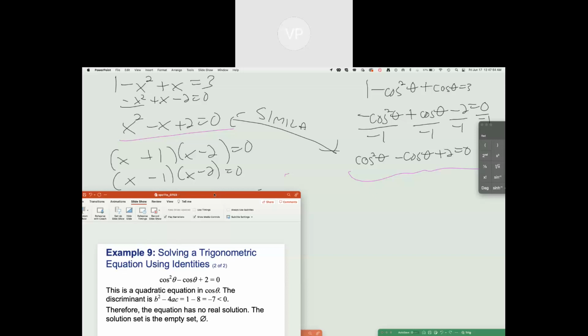Okay? What the book wanted to do is they wanted to say, well, if you cannot factor it, you guys remember the rule, if you can't factor it, there's the good old quadratic formula. I know you remember your quadratic formula.